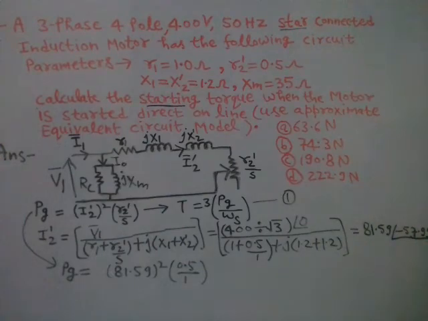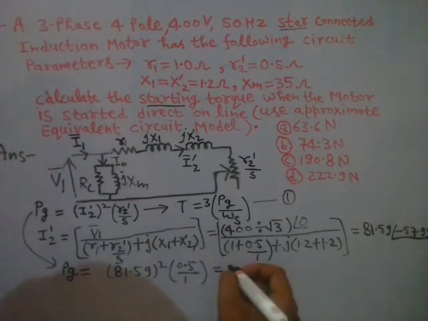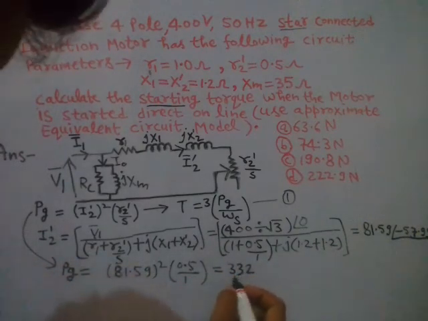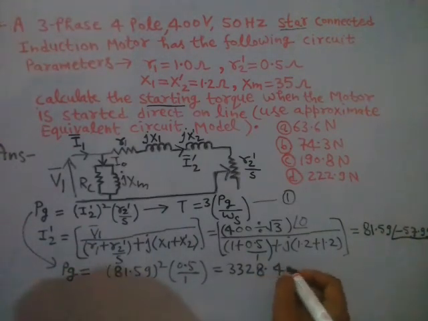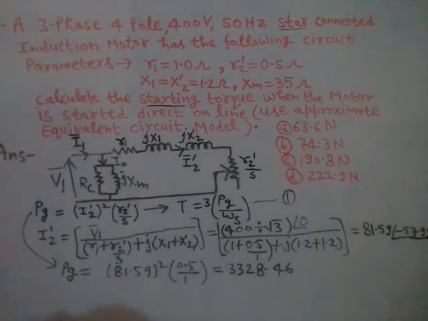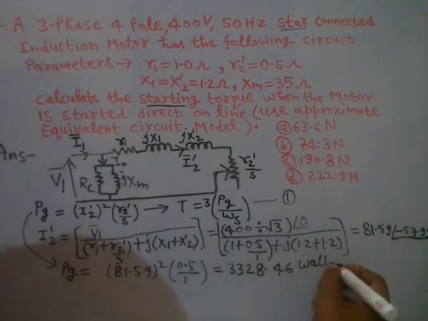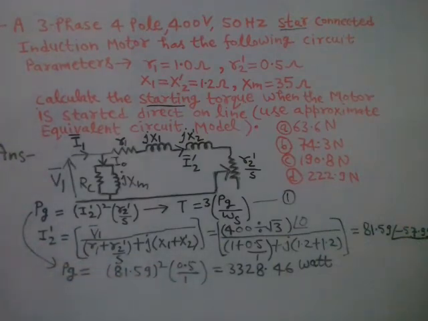Because we have to calculate the torque at starting, that means at slip equal to 1. So the air gap power comes out to be 3328.46 watts. This is the per phase air gap power, the air gap power for a single phase.